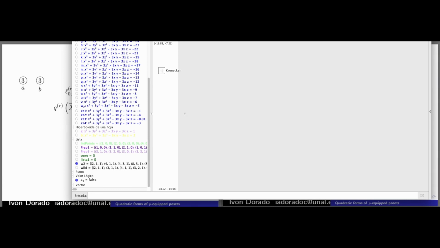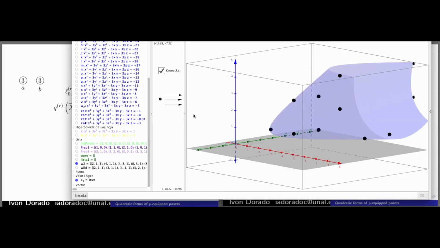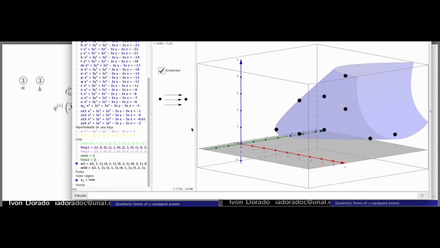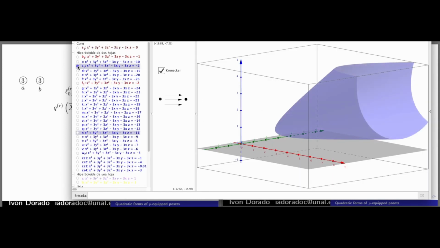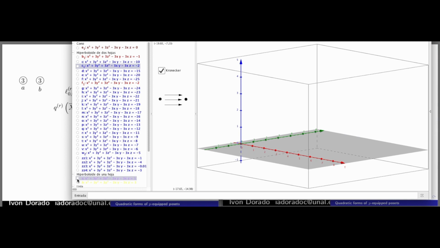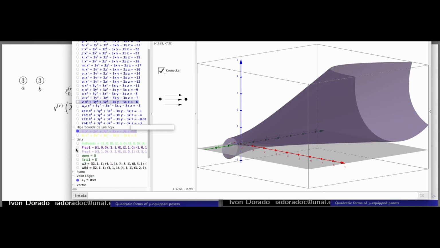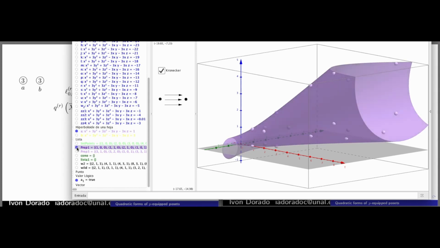We know that the classification of these representations includes the Kronecker problem with 3 arrows. But we can say some things about this representation category. Here we have the quadratic form equal to 1 and some points on this surface, and here we have the quadratic form equal to 3 and some points.